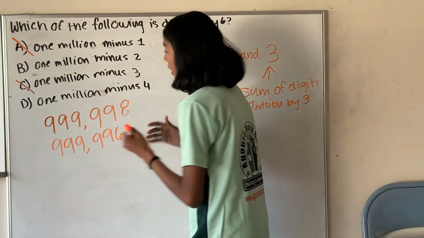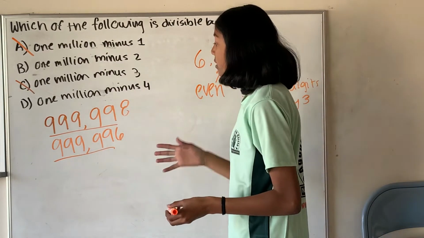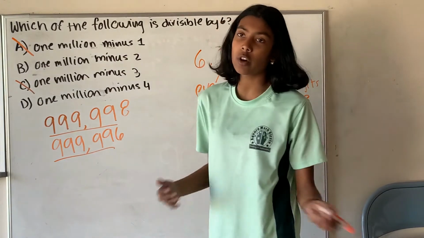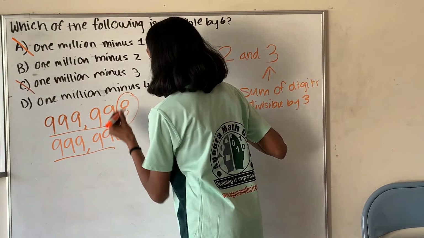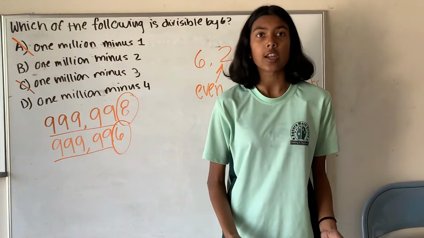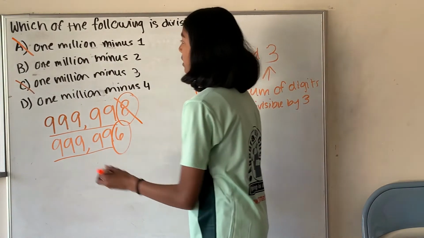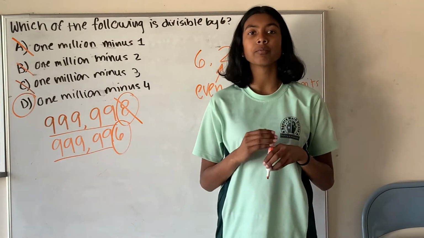If you look at these first 5 digits, they're already divisible by 3 because it's 9 plus 9 plus 9 plus 9 plus 9, which is 45. 45 divided by 3 is 15. So we're going to look at our units digits and see which of these is divisible by 3. 8 isn't divisible by 3, so therefore our answer is D, 1 million minus 4.